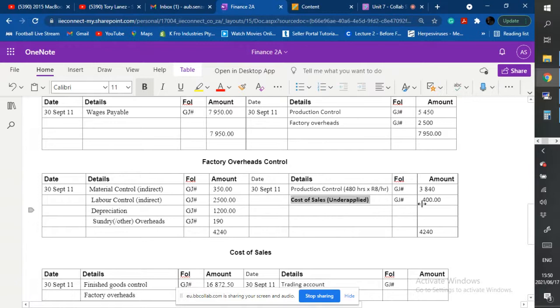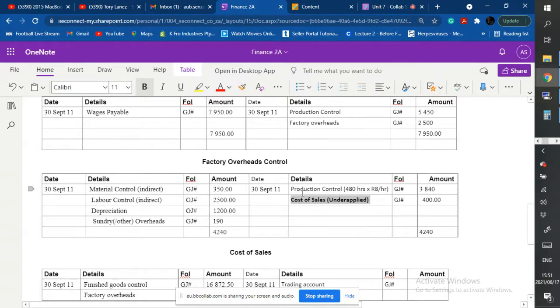Since it's here on the credit side, it means that, because remember these are actual costs, we're saying that this side is bigger than our production control, how much we actually budgeted our factory overheads to be.